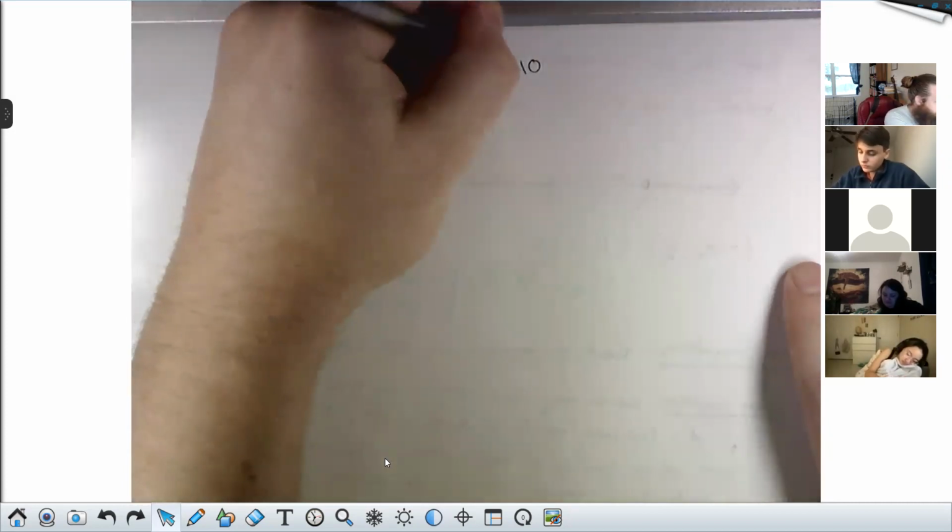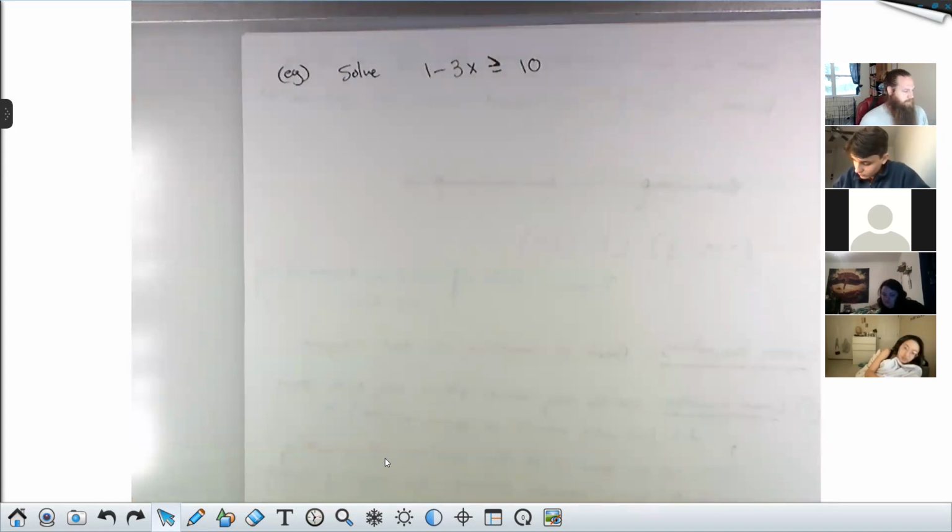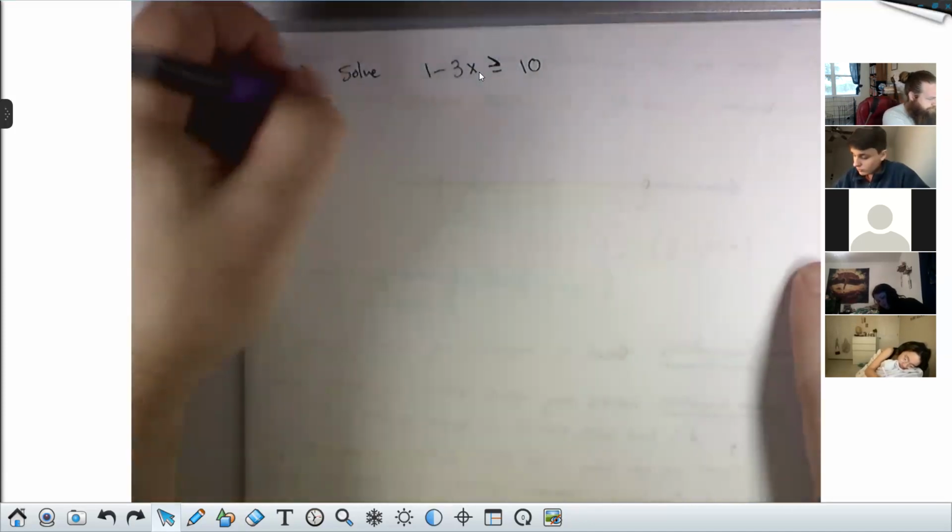Sorry, not equals 10, greater than or equal to 10. All right, so this is a linear inequality. It's a linear inequality in one variable. The variable here is x, and I want to isolate the x. So first, we recognize this is linear.